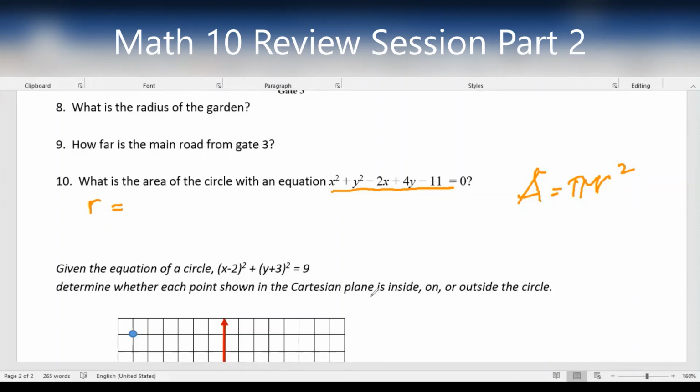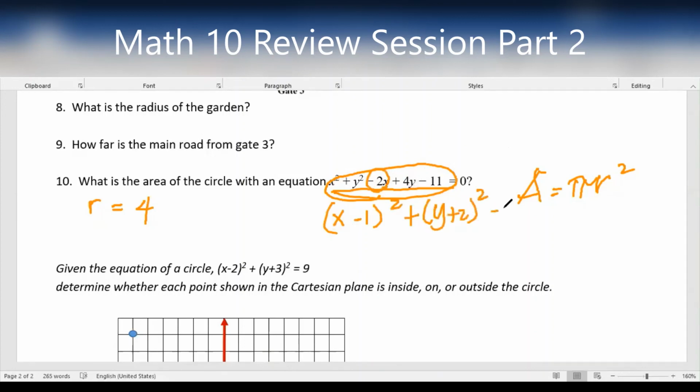So the radius is 4. I hope you know how to get that. Ang shortcut para mabilis: kopyahin nyo yung x, at tapos yung counterpart niya, divide by 2, that's negative 1, di ba? Quantity squared plus, copy y, tapos 4 divided by 2 is 2.